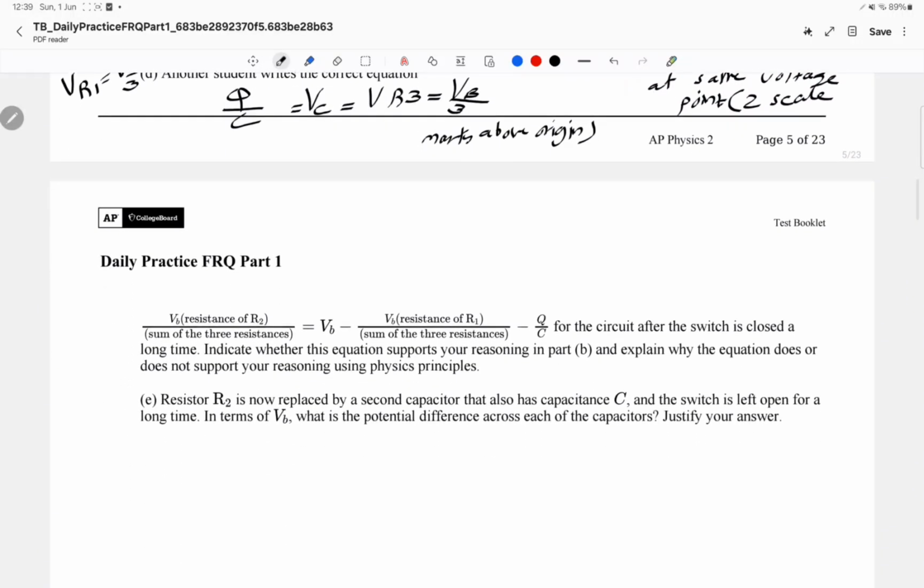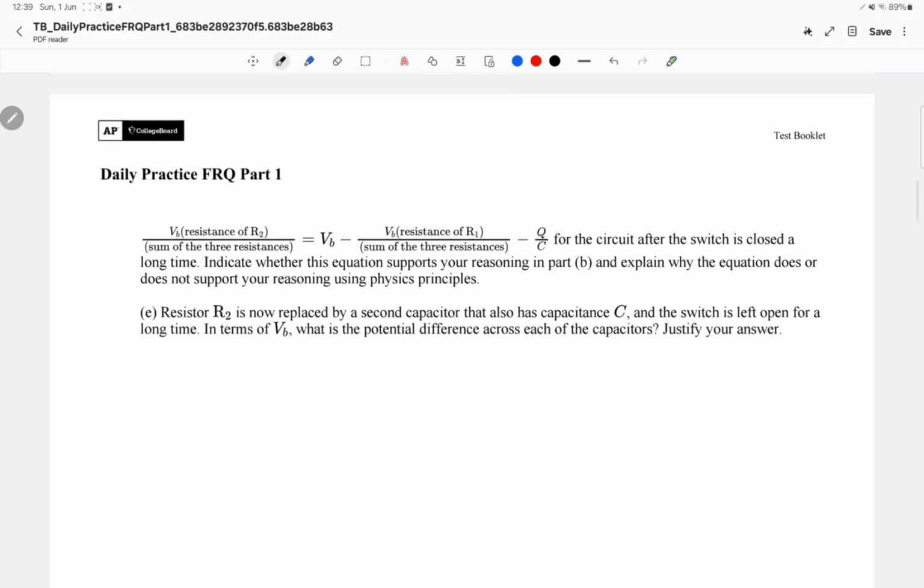Part D. Okay, we have another equation now. Indicate whether the equation supports your reasoning in part B, and explain why the equation does or does not support your reasoning.